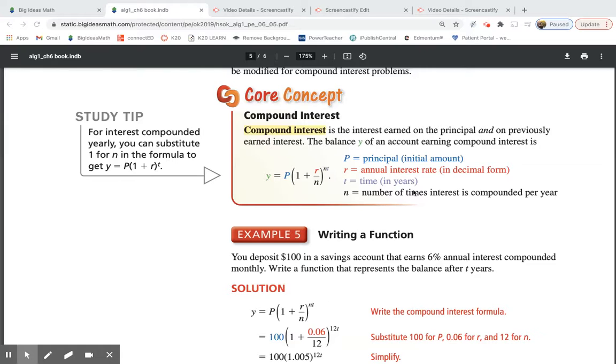But now we have an added letter, N, the number of times interest is compounded per year. And if you notice, we have N in two places. So whatever N is, you're going to write it twice in your equation. So we have Y equals P for principal amount times 1 plus R over N, all raised to NT power.